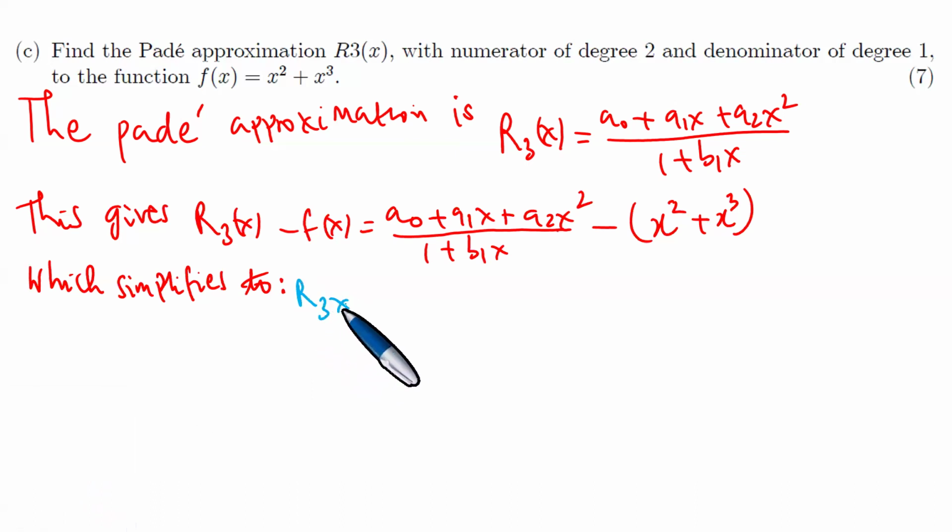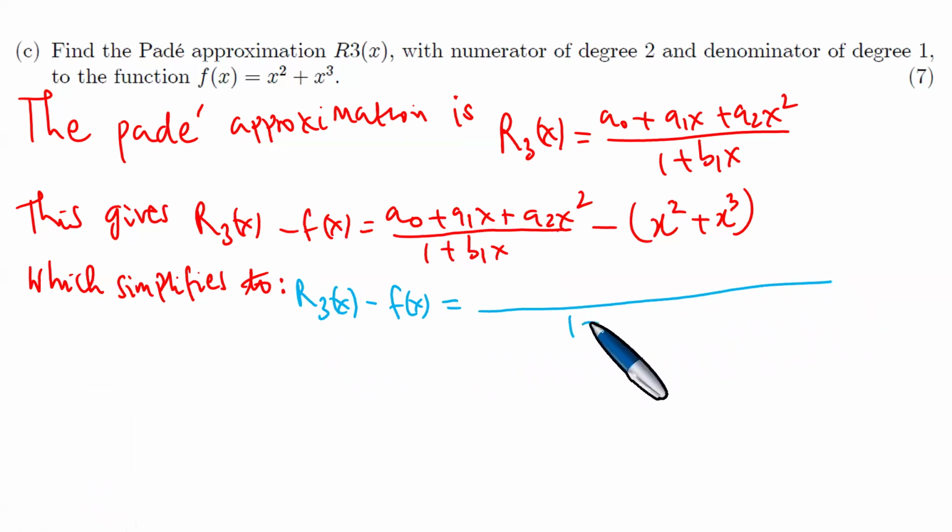R3 of x minus f of x. Let us simplify this by taking the LCD, which is 1 plus b1 x, and then we just add these things up like we did before. We are just mastering the concept of Padé approximations, and then we move to other sections.